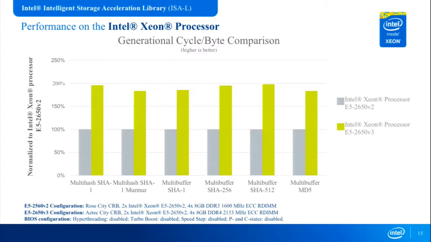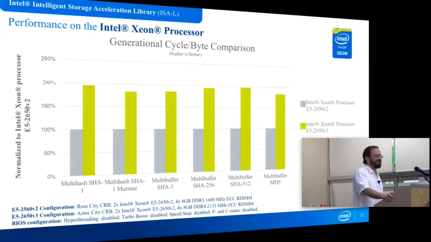And because it's vectorized, gen-to-gen hardware sees big benefits from this. Going from processors with SSE to AVX, you can see quite a big jump in performance. And you can imagine when you're going to AVX-512, you'll see another jump.